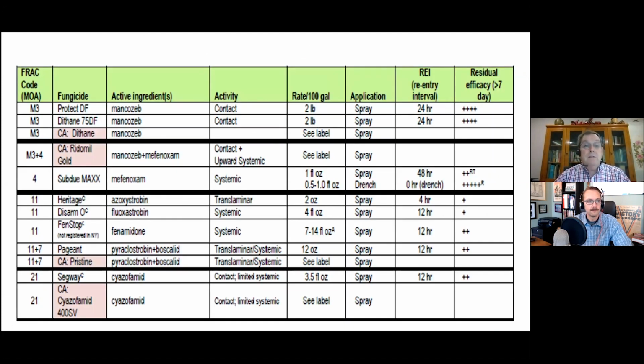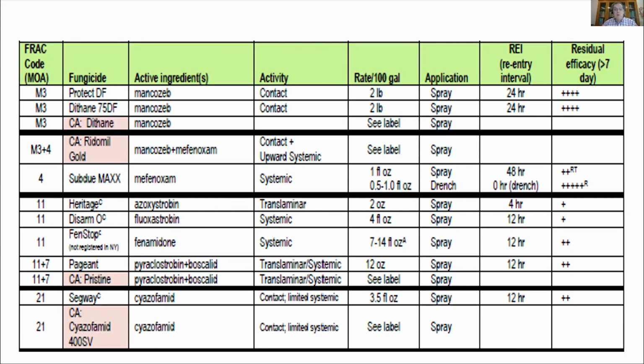One of the first pieces of information that is really important is the FRAC code. It's the mode of action. FRAC stands for the Fungicide Resistance Action Committee. This is a group of plant pathologists who have gotten together and come up with these FRAC codes.